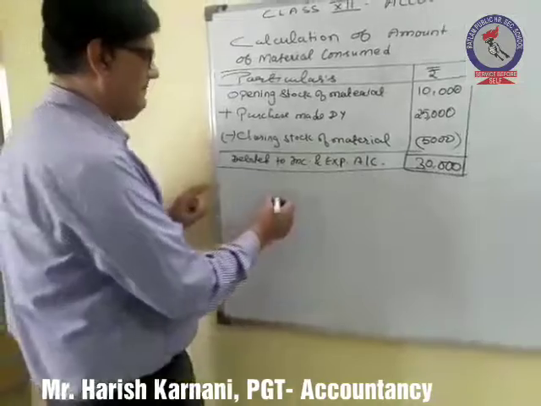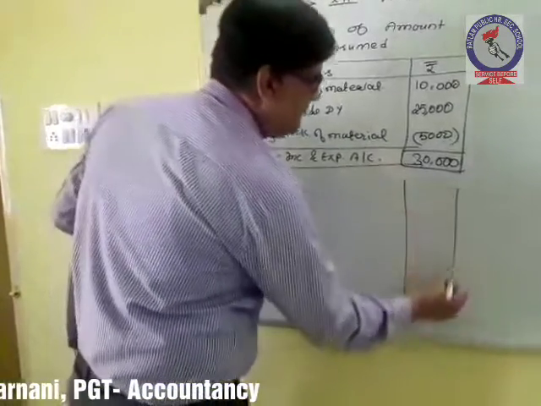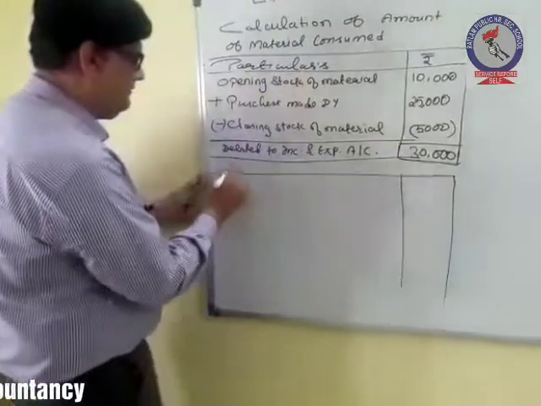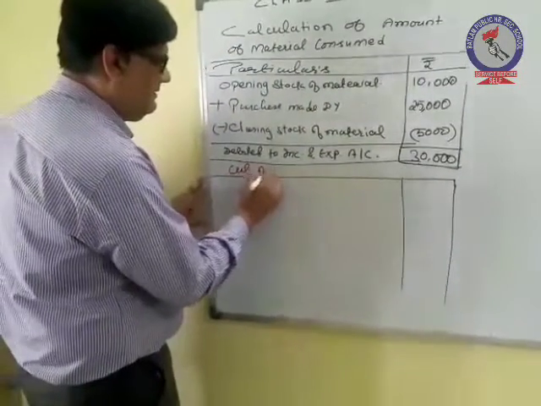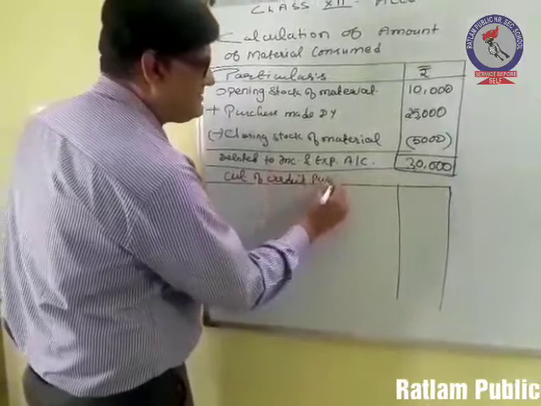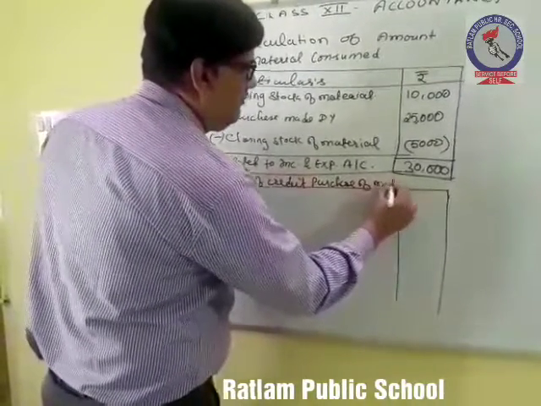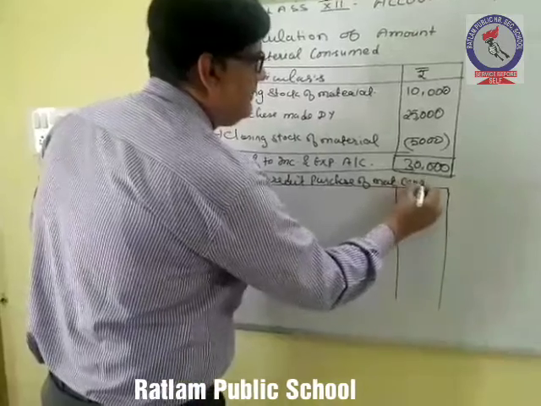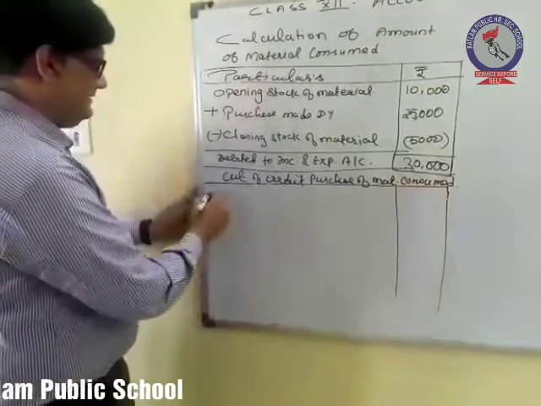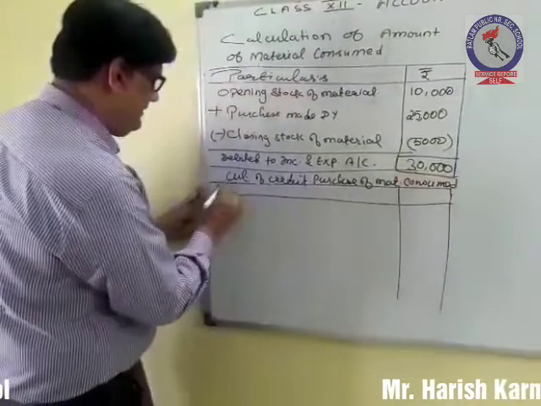So how will we find out the credit purchase? Again we have to go with a table, that is, calculation of credit purchase of material consumed.